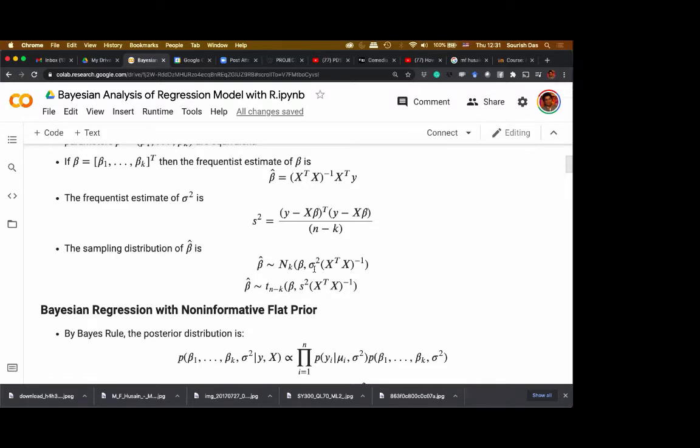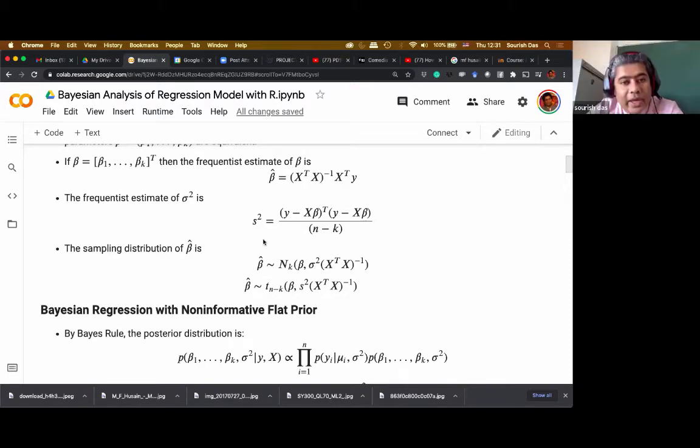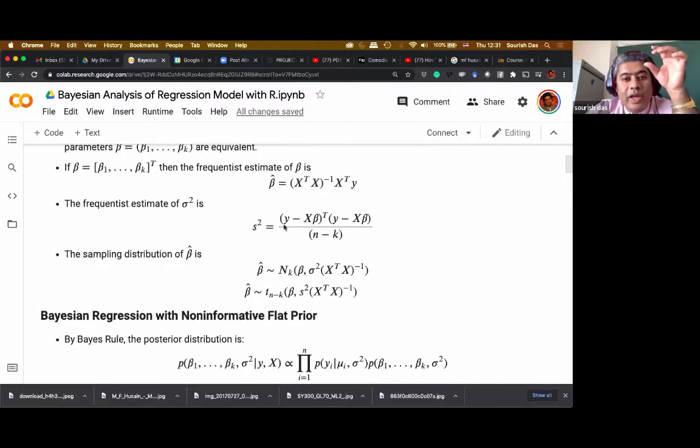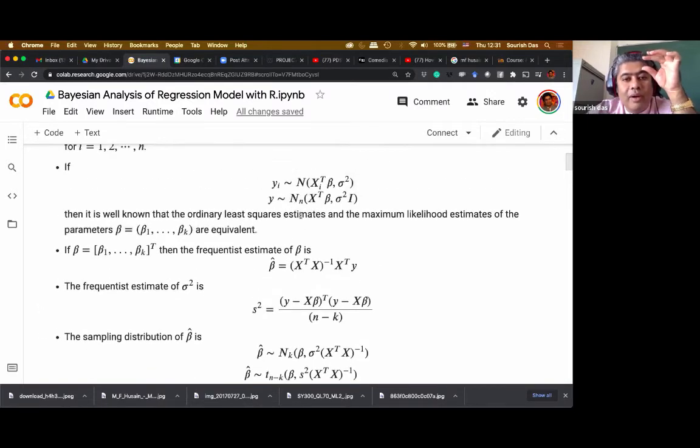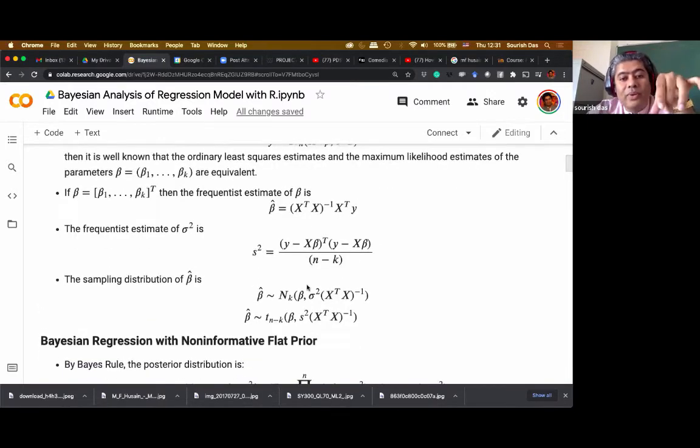Then the trick is to use the distribution of S square. Exactly. Now S square follows a chi-square distribution with n minus k degrees of freedom. So you plug it in here, and effectively that will be a k-variate normal divided by a chi-square distribution with n minus k degrees of freedom.